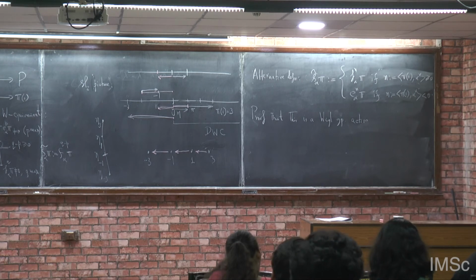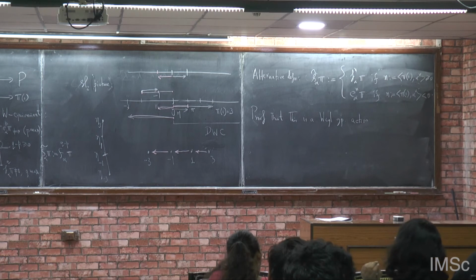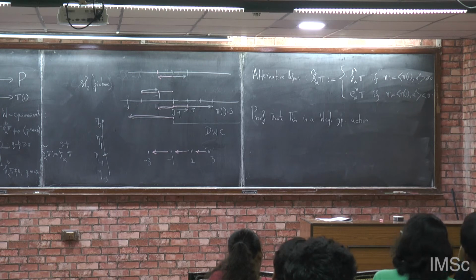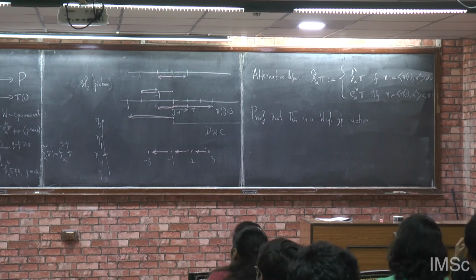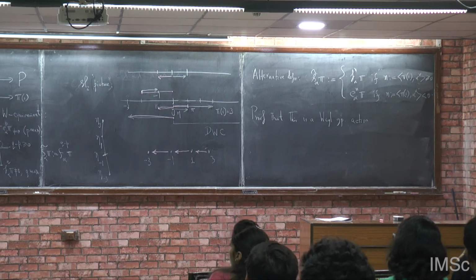The Weyl group is defined by generators and relations. These are the generators, and what are the relations? S alpha square is 1, and there are these braid relations. This is what we have to prove.